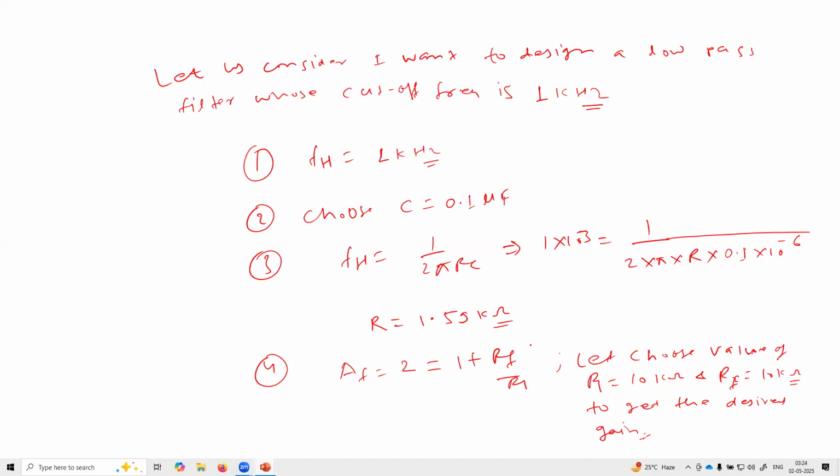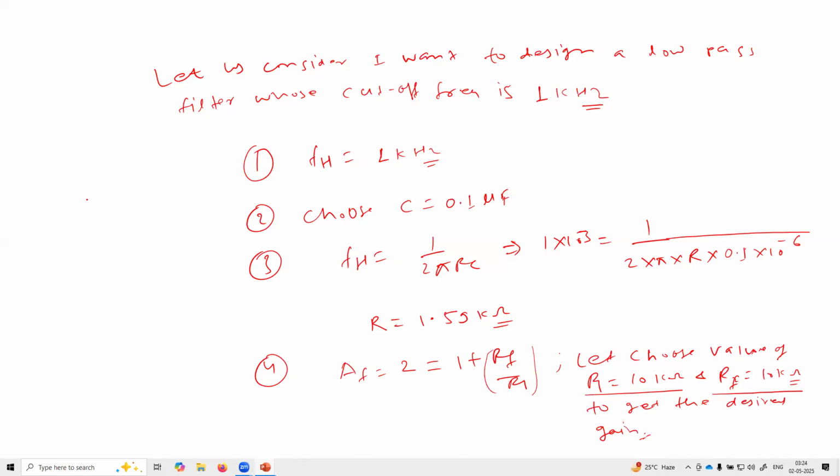You can choose RF upon R1 any value. Here I am taking R1 equal to 10 kilo ohm and RF equal to 10 kilo ohm. Now we have every value that we require.